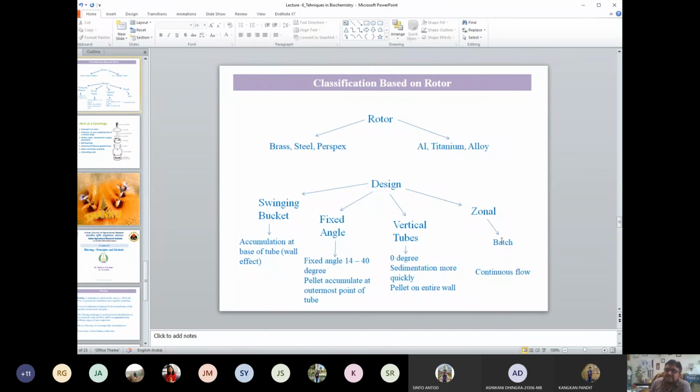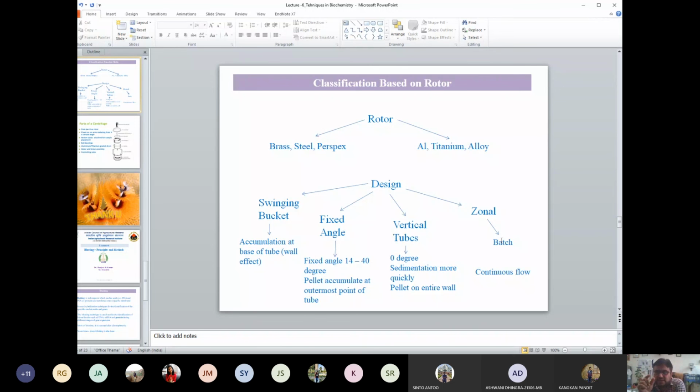We have a third classification, which is called vertical tube centrifugation. Vertical tube means the tube will be in a vertical position. The angle is 0 degrees, and sedimentation in a vertical tube is the fastest or quickest as compared to the others.